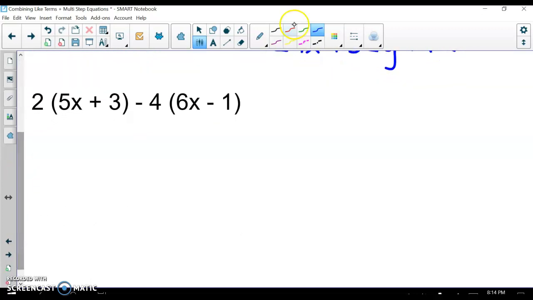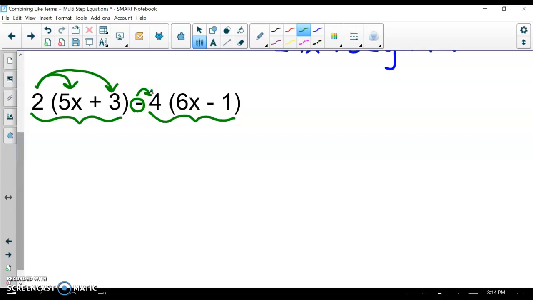Next, we'll do a more complicated problem. So again, we have to multiply through everything. But notice here that there's a little subtraction sign. That means what we do here is different from what we do here. There are two sets of distributive properties in this problem. So let's do that. We have 2 times 5x, 2 times 3, and now remember this negative is attached to this 4.